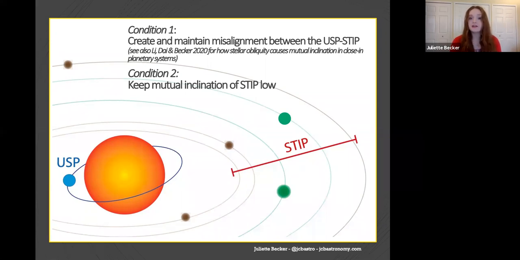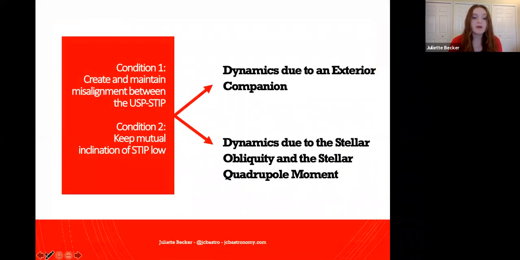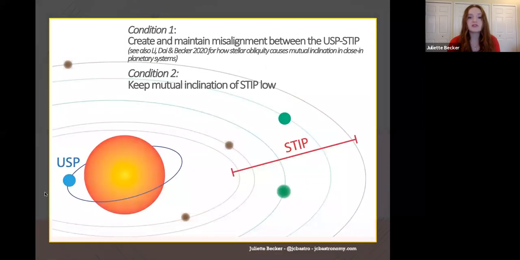The process could occur at any time. It could occur while the disk is still present, after the disk has dissipated but before the planets have migrated, or after the planets have migrated. But in any case, we need this misalignment to be both created and maintained so that it's observable today.